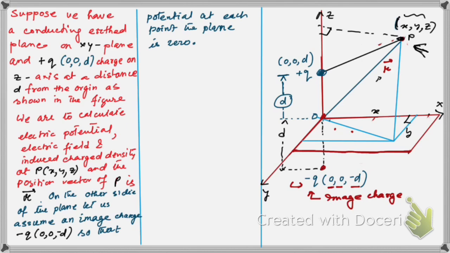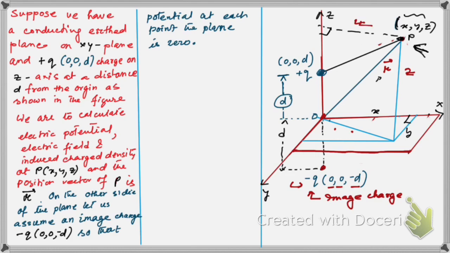So what will be this distance here? From this xy plane, the conducting surface, P is at a distance of z. Now let us find the distance from the z axis to P. How to find that?